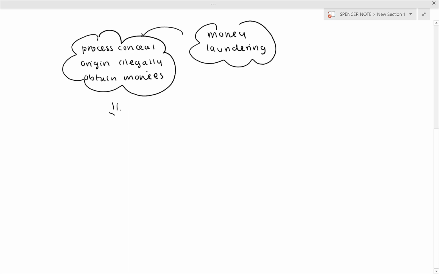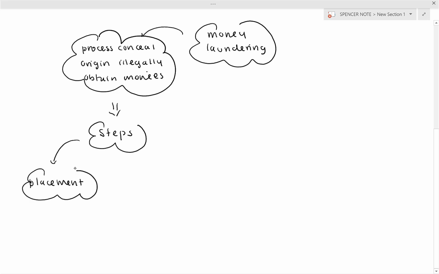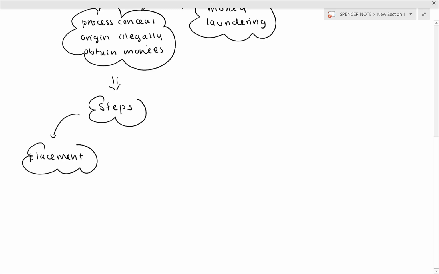Now, the steps involved in money laundering. The very first step is placement. Under placement, what the entity or individual is doing is basically putting this illegally obtained money into the financial system.